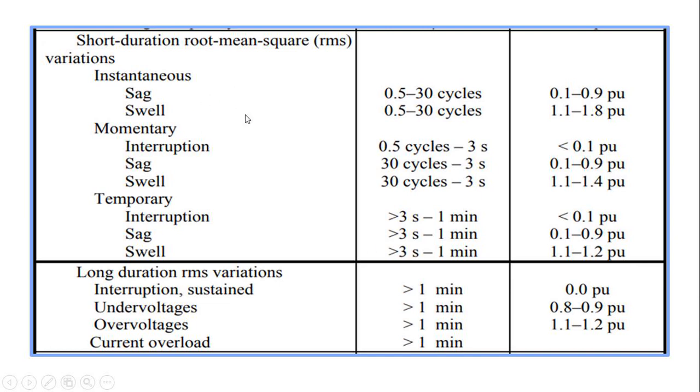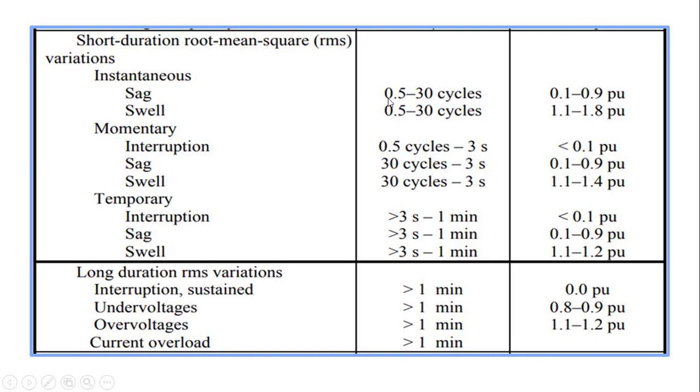Now, short duration RMS variation is in connection with sag and swell of the voltage, and long duration RMS variation is again defined in terms of voltages. Short duration variation is again divided into three types: instantaneous, momentary and temporary, according to the number of cycles or the time.